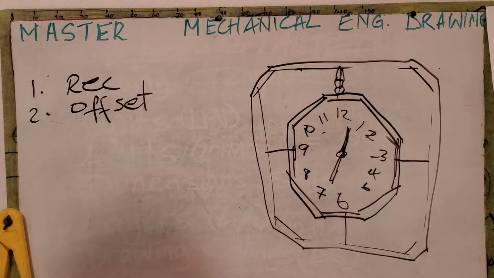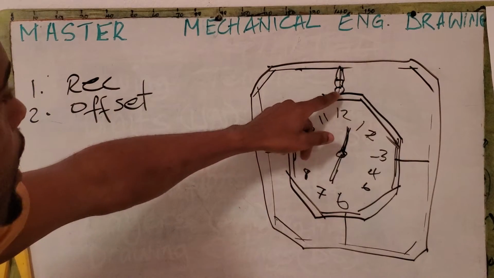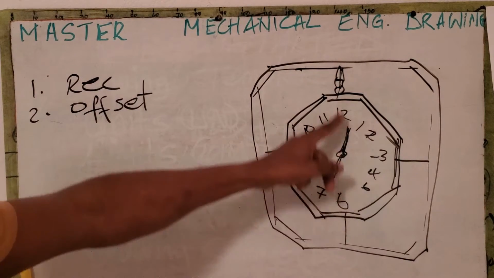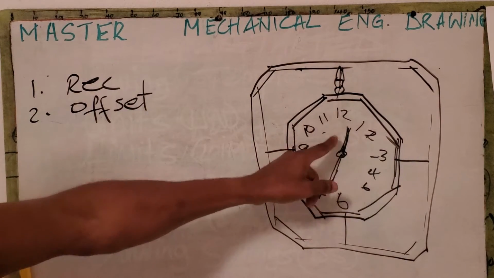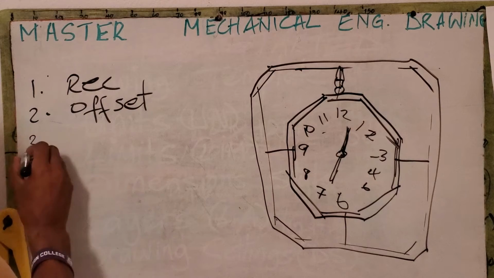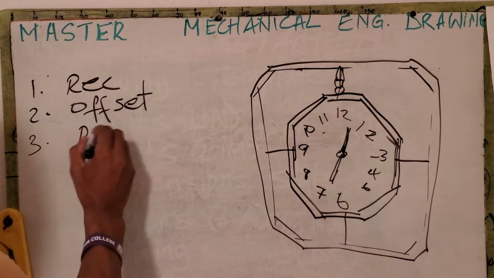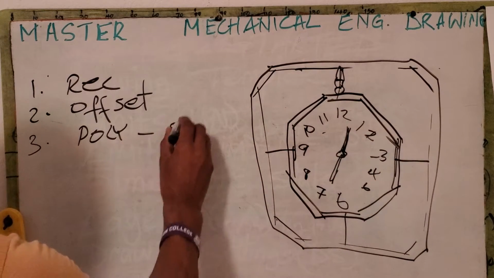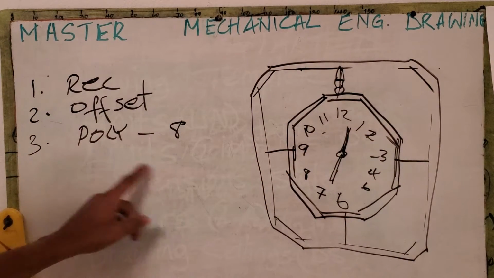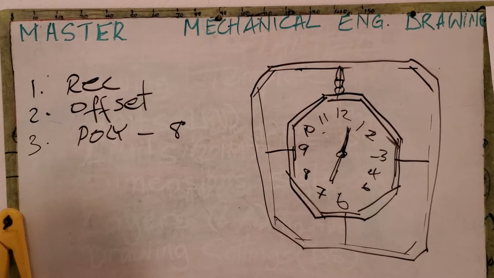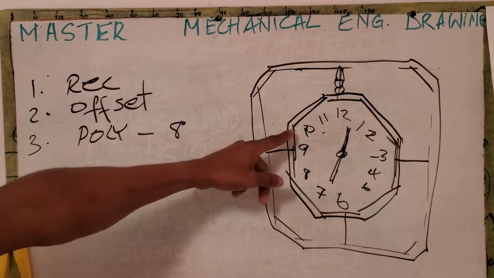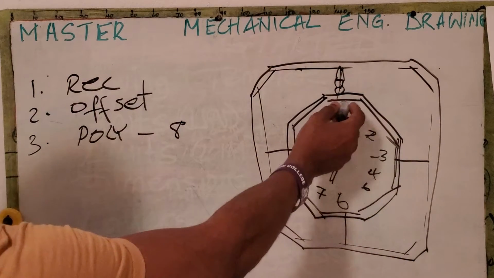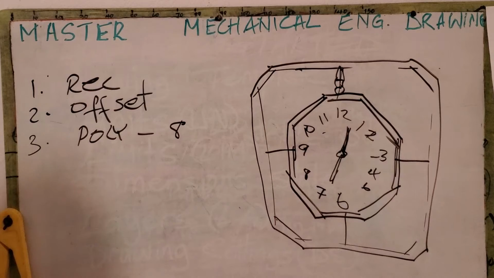Next, we could use an octagon or a circle. We could use polygon with 8 sides. Or you could establish a circle and then draw the polygon for that.